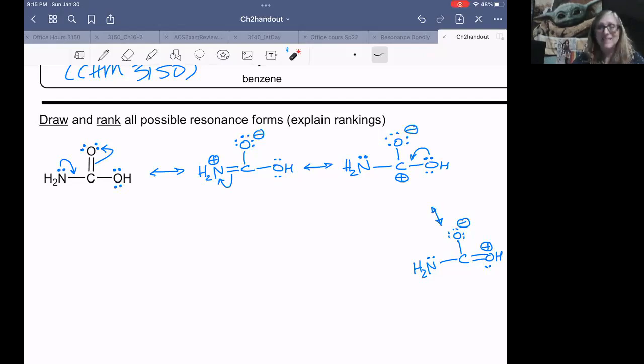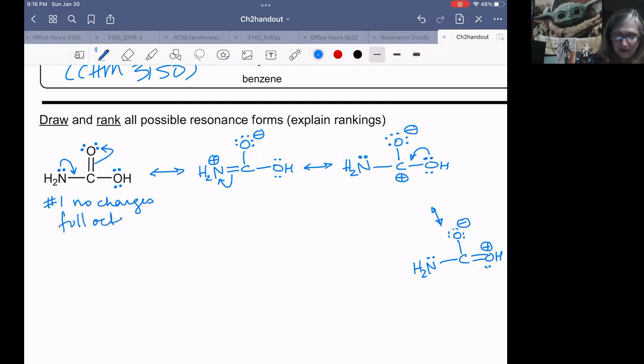Okay, now, which one of these 4 is the best? Is there one that stands out that looks much better than all the others? I think the very first one, number 1, because it has no formal charges, so that stands out at me. It also has full octets. Every atom has a full octet. So that's the best looking Lewis structure.